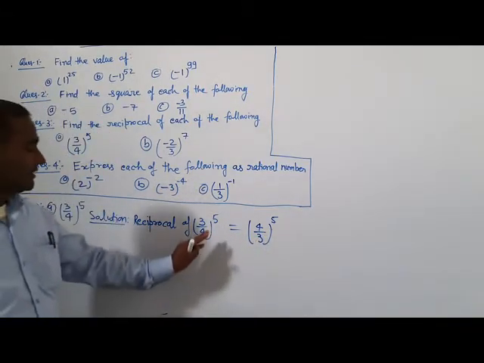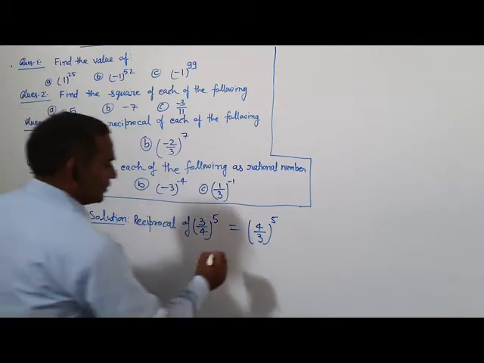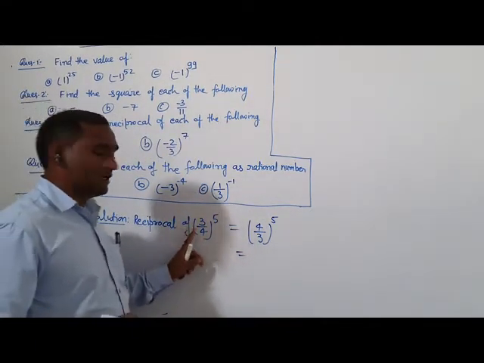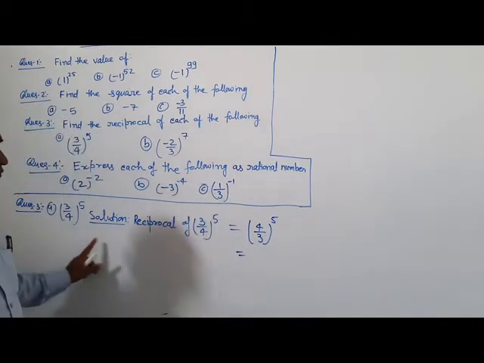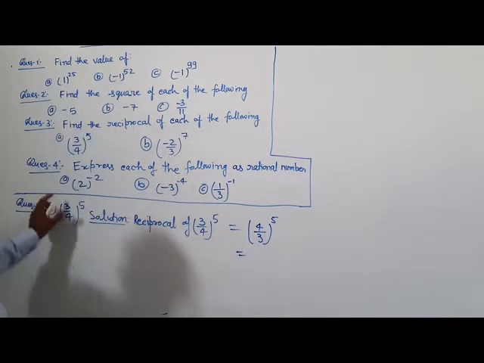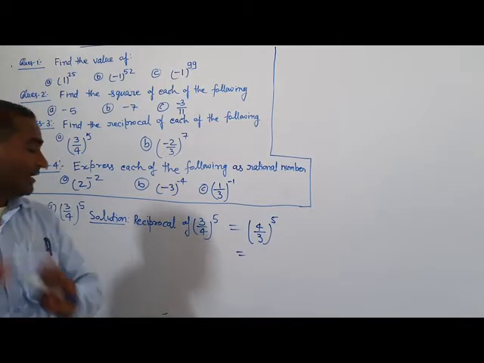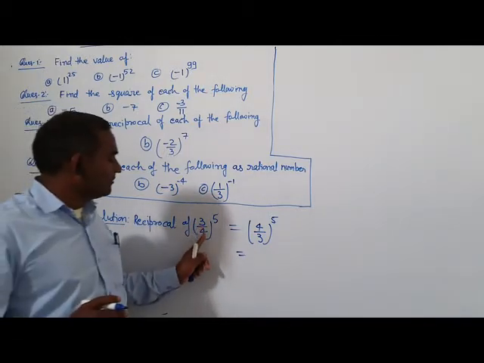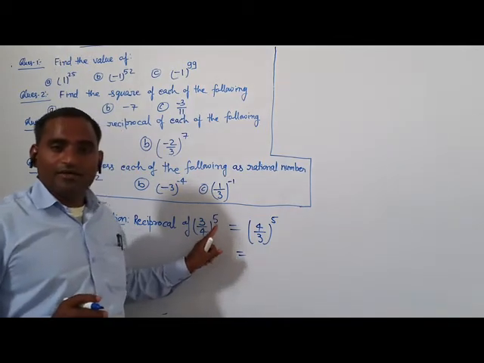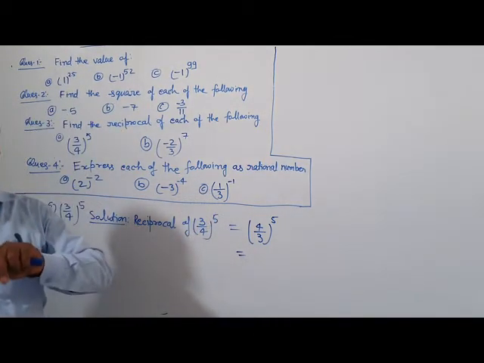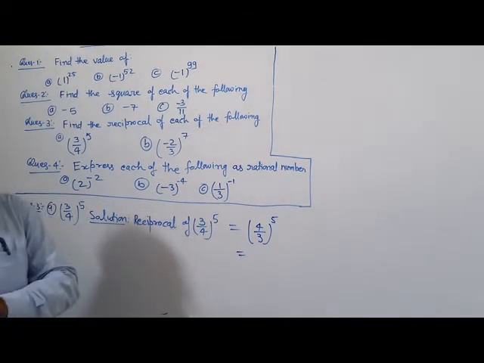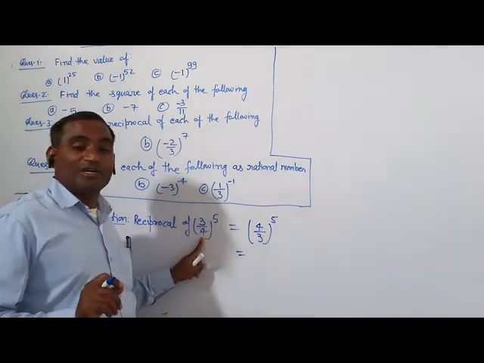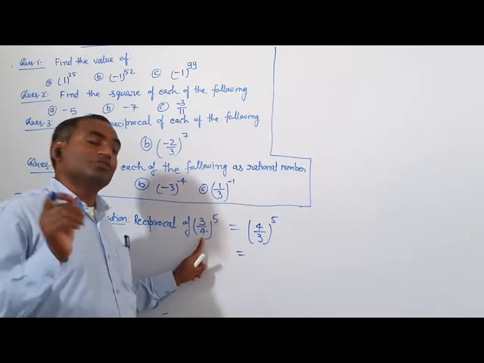When you have to find the reciprocal of any rational number and a power is given, in those conditions you can change the power, negative into positive, positive into negative, but then there is no need to change denominator into numerator, numerator into denominator.